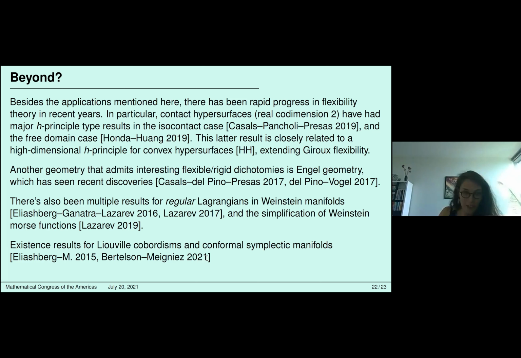There's some more things, some existence results for Liouville cobordisms. This is using more the overtwistedness theory. This gets into conformal symplectic geometry, which has seen a lot of cool work. We actually just had a conference about this.